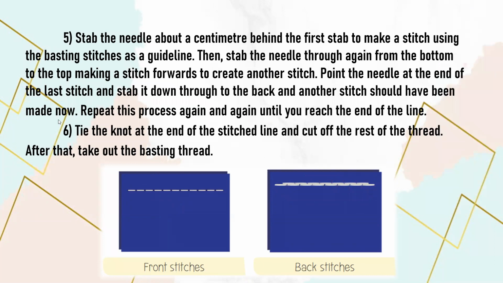Step number 5 and step number 6. Step number 5, we're going to stab the needle about 1 centimeter behind the first stitch to make a stitch using the basting stitches as a guideline.